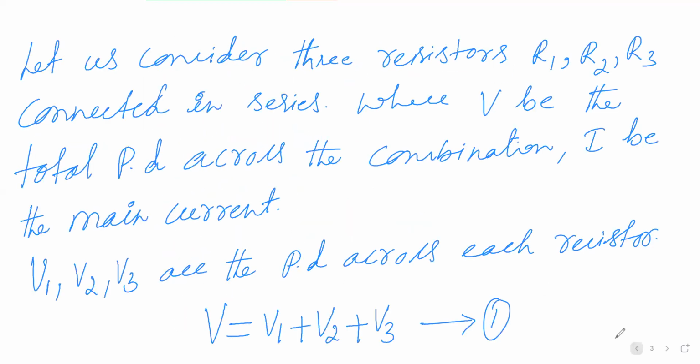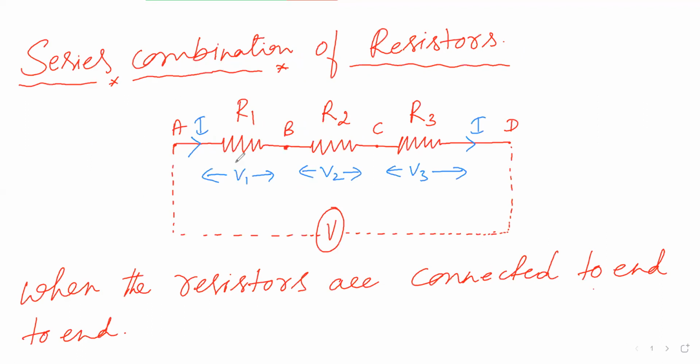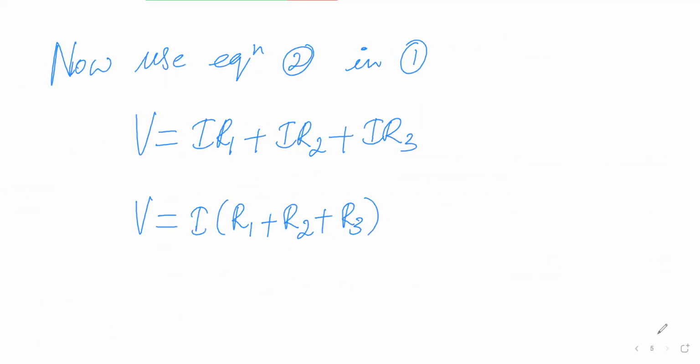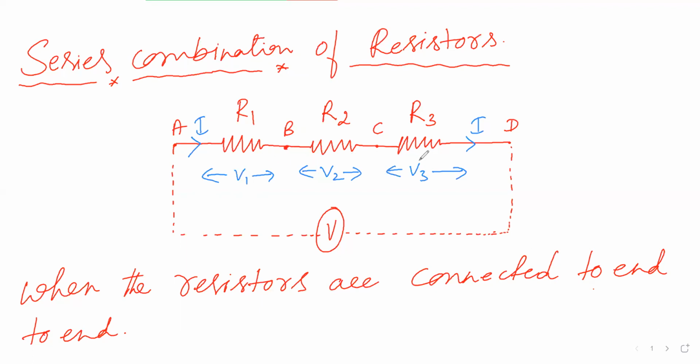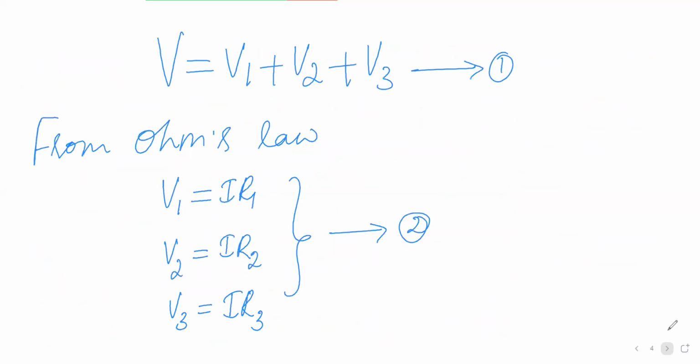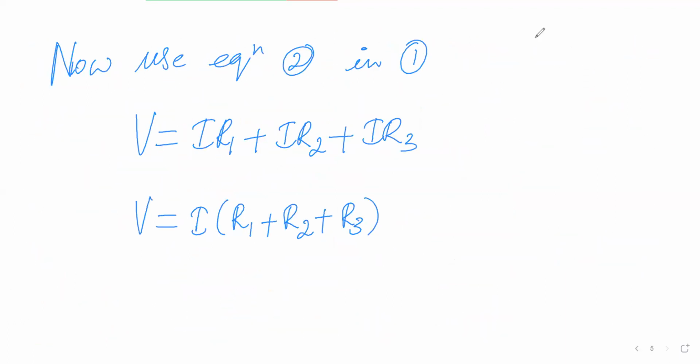Now, instead of connecting the three resistors individually, we are going to connect a single resistor, which we call the equivalent resistor. So instead of connecting three resistors R1, R2, R3 end to end, I'll connect a single resistor which will do the function of all three at once. Let me draw the circuit diagram for the same.